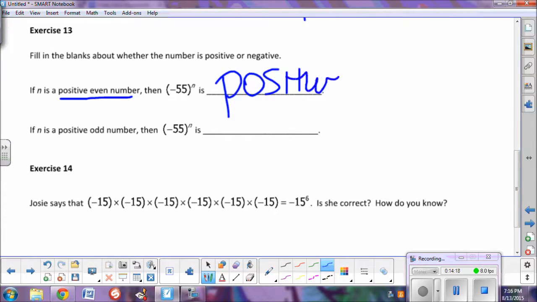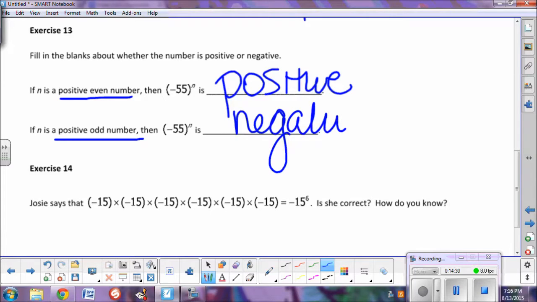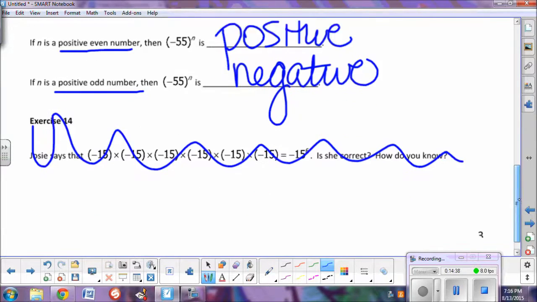Even number gives us a positive answer. And in the next one, an odd number. If n, our exponent, is an odd number, our final product is going to be negative. And it looks like we have a repeat here, so we can cross that one out.